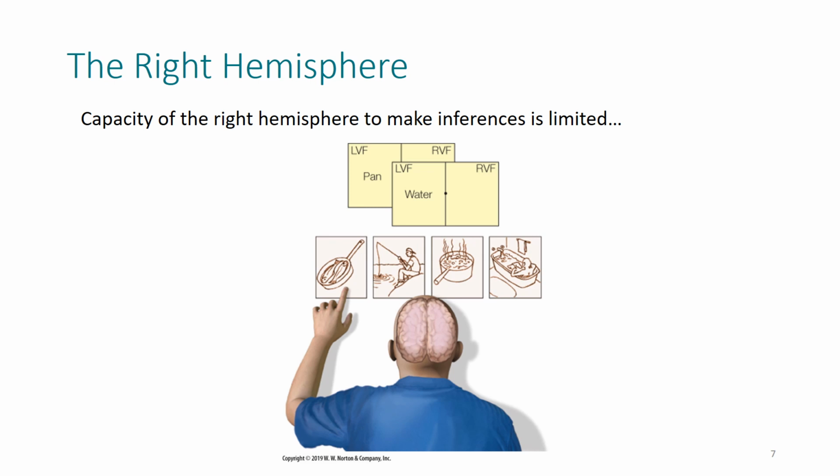Now the capacity of the right hemisphere to make inferences is so limited. It is extremely limited in explaining things. In this test, two words are presented in serial order, and the right hemisphere, which controls the left hand, is simply required to point to a picture that best depicts what happened when the words are causally related.